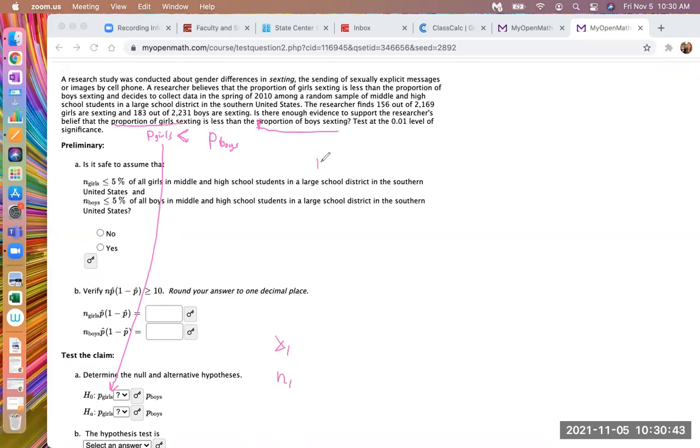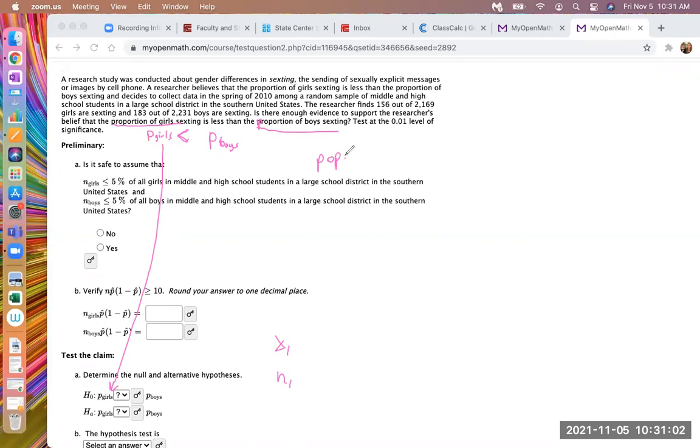So the girls' population is listed first, or to the left, in the null and alternative hypothesis, so girls is our population 1 when we enter this into the calculator.